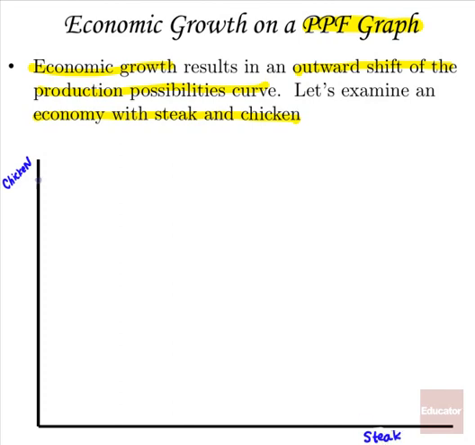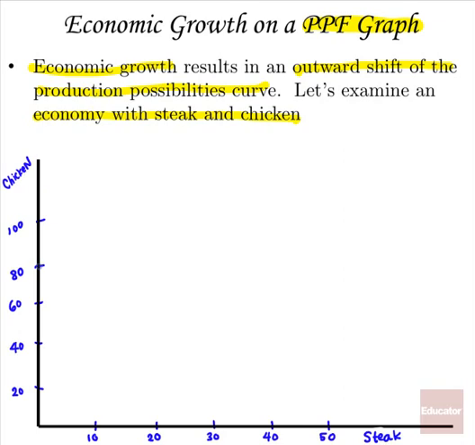Okay, and a production possibilities frontier. Let's put different numbers here. So let's say you can make 10, 20, 30, 40, 50 steak here. And here, let's go by 20s: 20, 40, 60, 80, and 100.